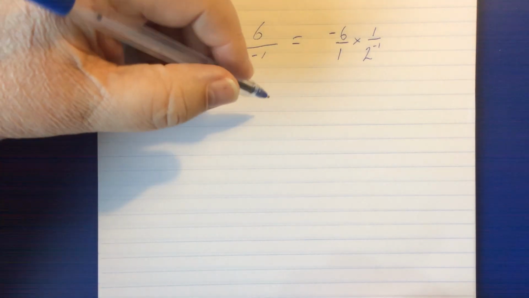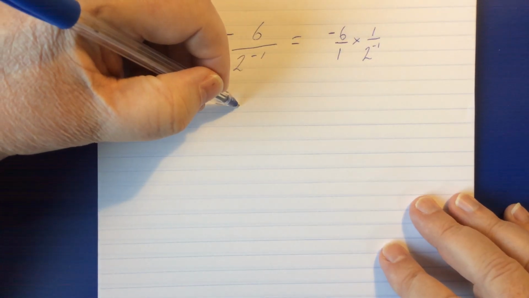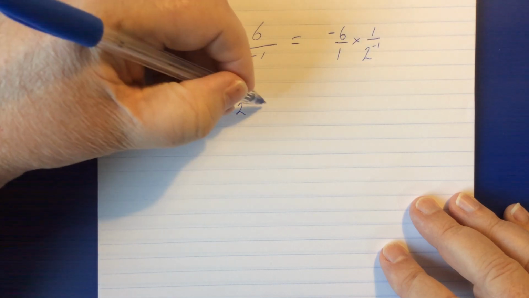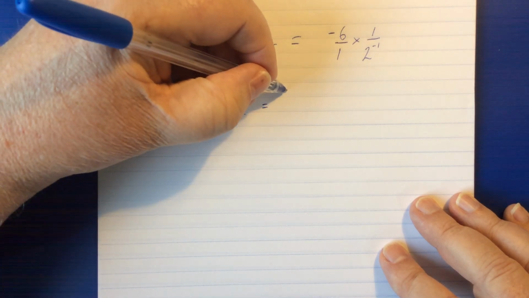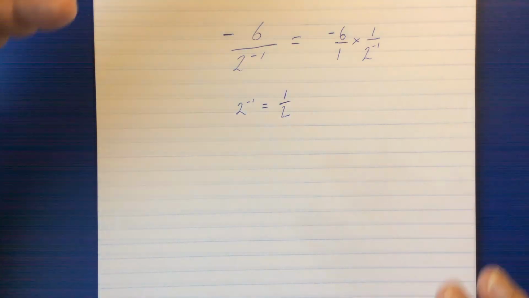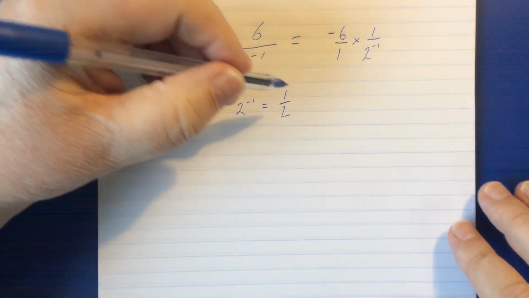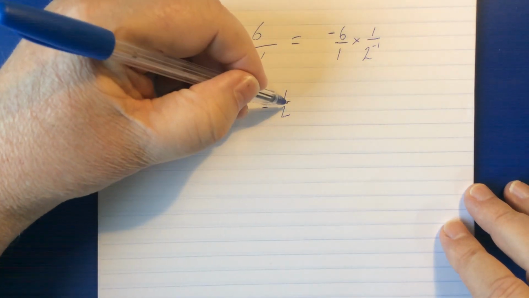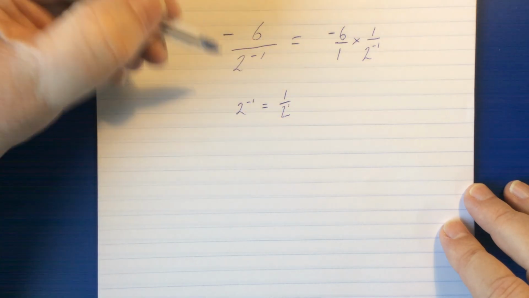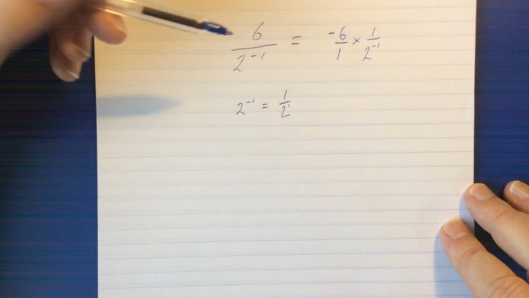And 2 to the power of negative 1 is equal to 1 over 2. That's what the index laws tell us. It's 1 over 2 to the power of 1.